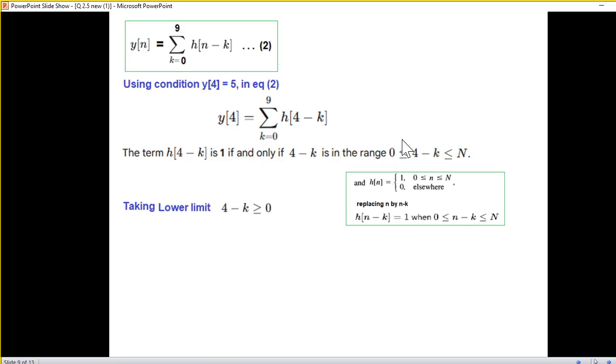So first of all, we take the lower end, this one here. So the lower limit is 4 minus k should be greater than or equal to 0. And from here, we can say that k is less than or equal to 4. And then we take the upper limit, this one here, copied. And from here, we can find that 4 minus N should be less than k. So this is the other limit.